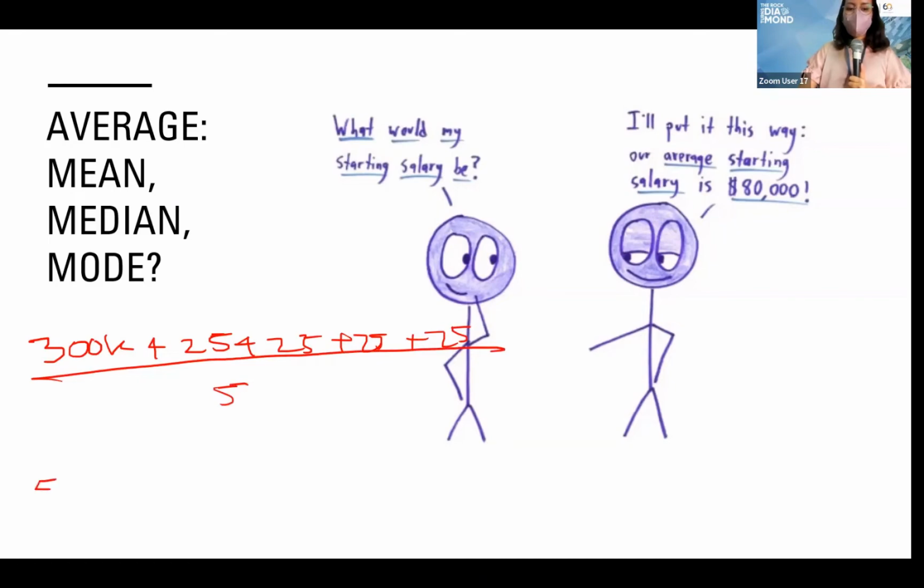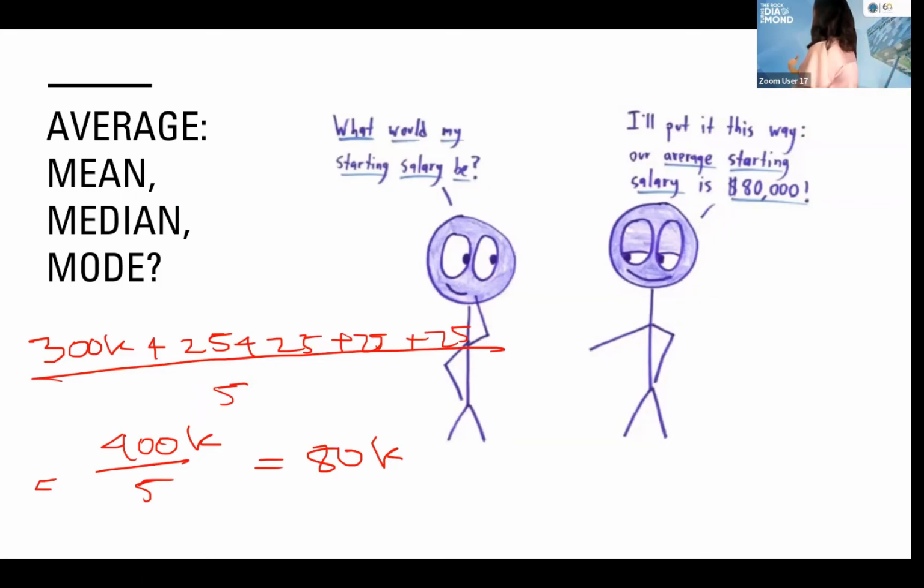So yeah, he was not wrong. He just misled people. So it will be 400K divided by 5, which is 80,000. But there's only one person who got 280,000. Most of the employees got 25,000, but he was not wrong.